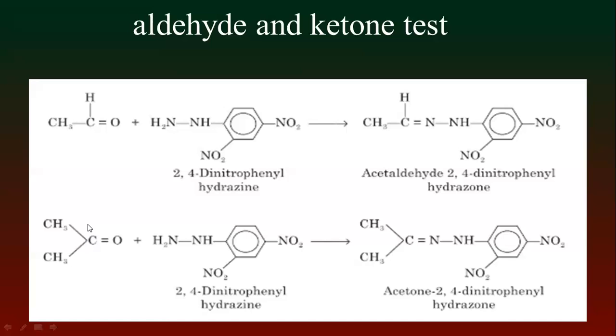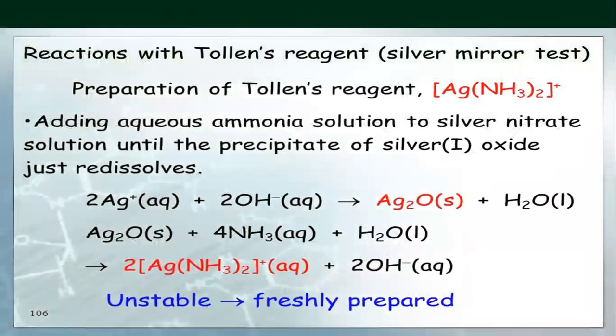Okay, after this test we can follow with the Tollens reagent test. Do you know what Tollens reagent is? Diamine silver hydroxide compound is called Tollens reagent.